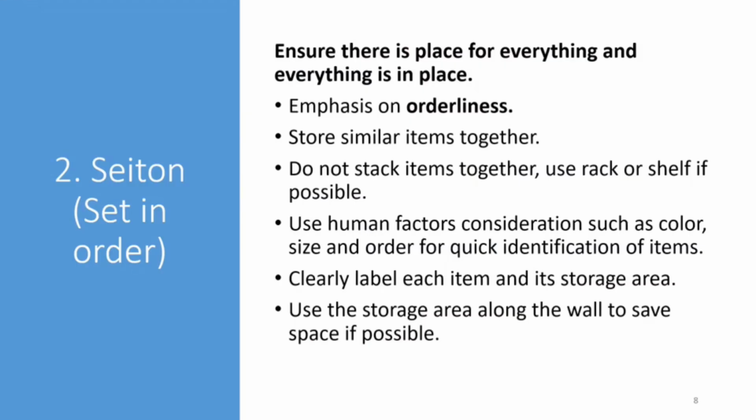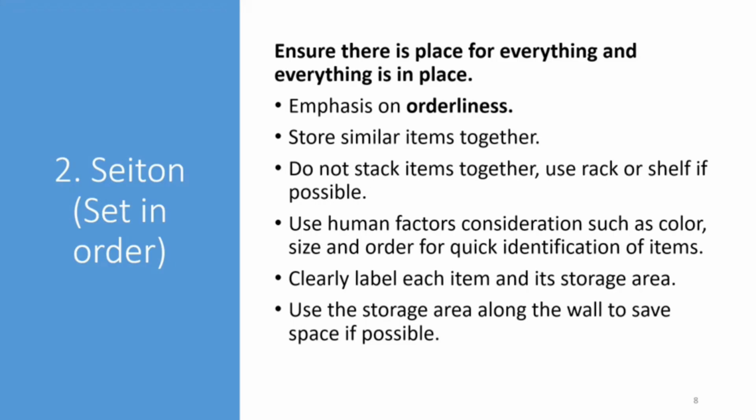The second level of a 5S system is called Seiton, also known as set in order or straighten. So basically, after putting away the unnecessary items, we should also organize what is remaining. We can do so by storing similar items together, in which we can use human factors consideration.